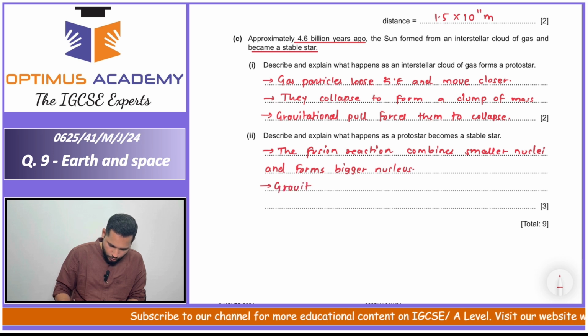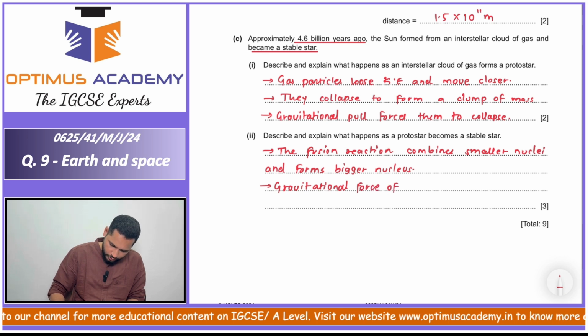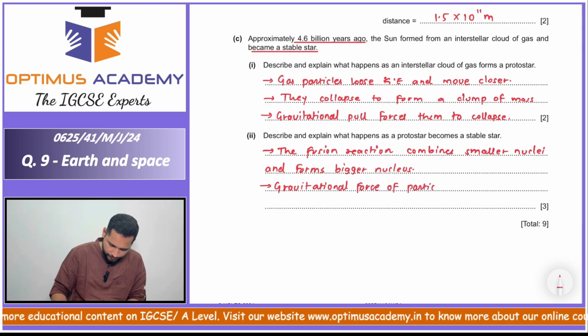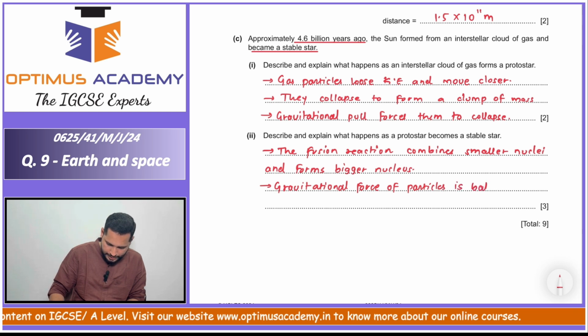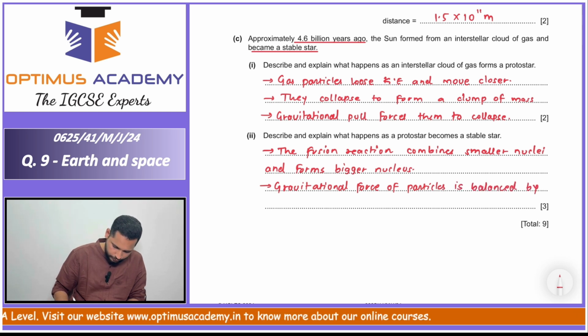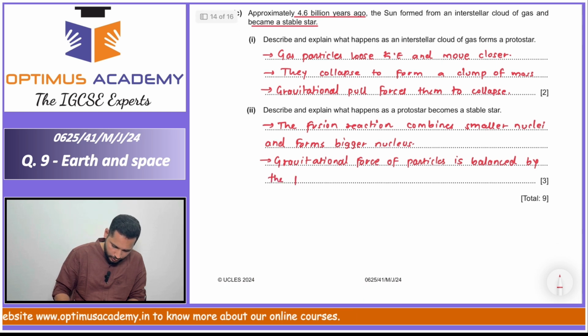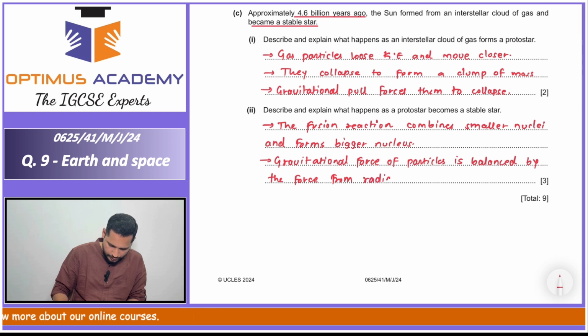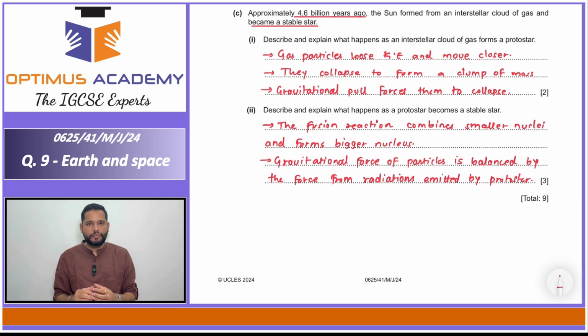The gravitational force of particles is balanced by the force from radiations emitted by the protostar. Okay, so as the further addition of the particles is stopped, the protostar is then called a stable star.